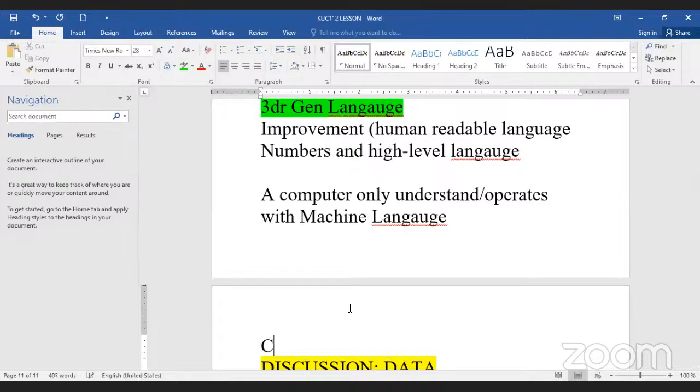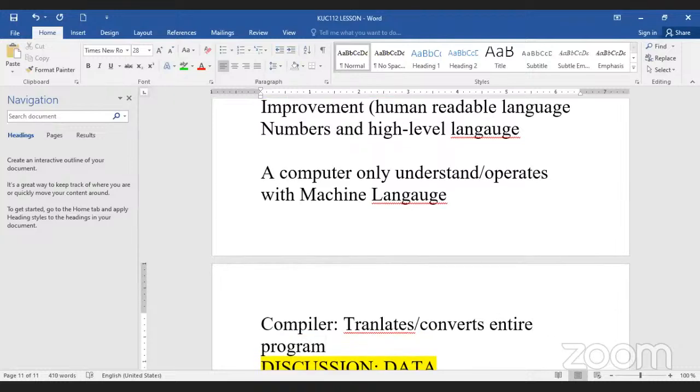a compiler. A compiler translates, or rather converts, an entire program that a programmer writes into machine language.